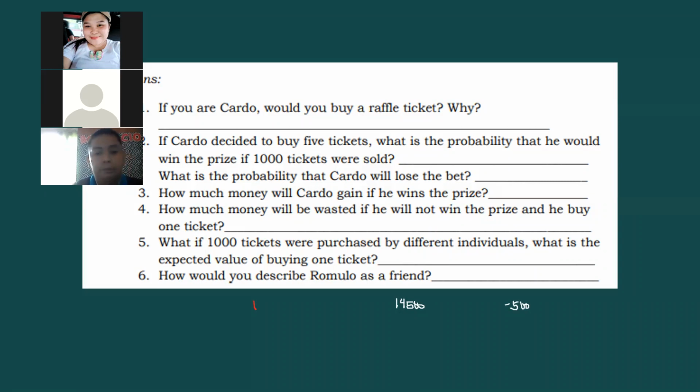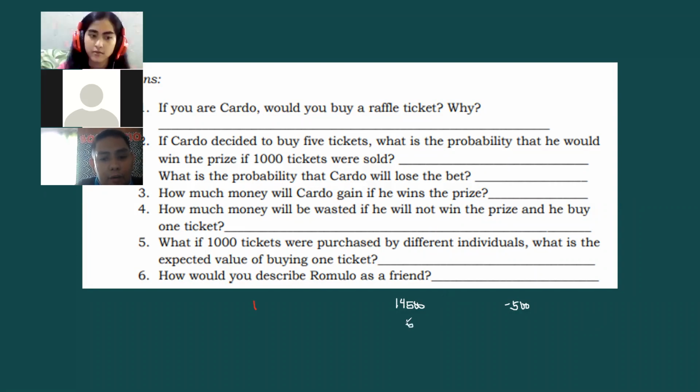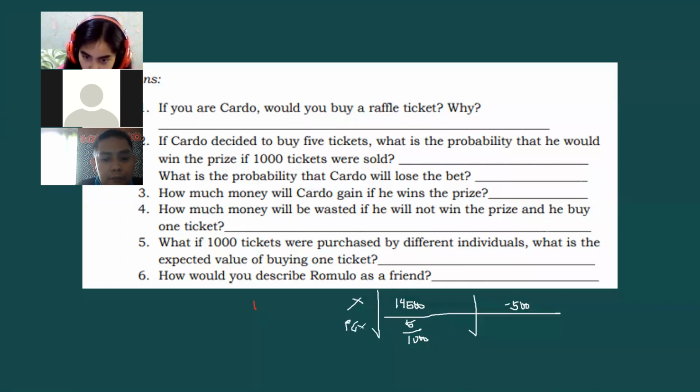Okay? So, ngayon, ano ang tsansa natin na makakuha ng 14,500? Sabi natin kanina, it's 5/1,000. That's correct. This is our X and this is our P(X). Ano naman probability natin na matalo tayo ng negative 500?